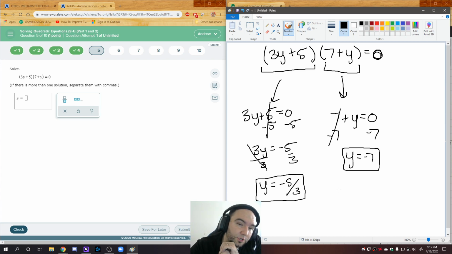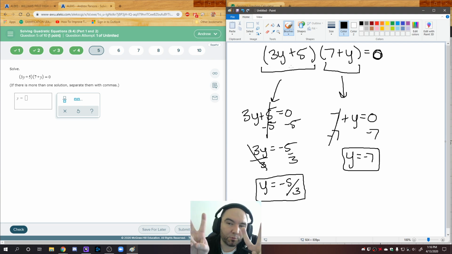Now here's the deal. When you do these problems that are pre-factored, or even the ones that you'll do later that are factored, you probably have to get used to doing this quick-ish. You do not want to sit here and write out this work every single time, right? After having seen the problem, a person viewing this would say, oh, 7 plus y, I write the opposite, negative 7. That's the answer, right? And can you tell that the first parenthesis set kind of had an answer related to the numbers that were in it?